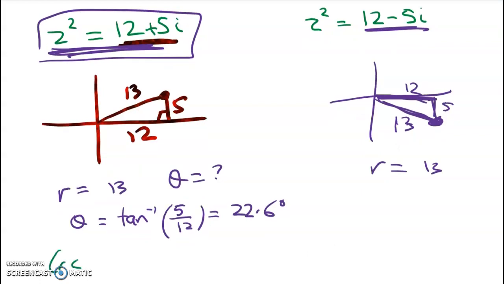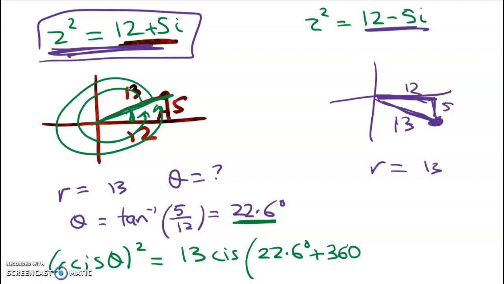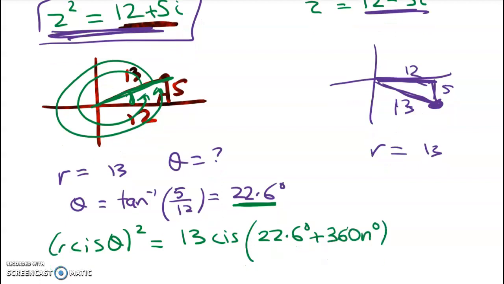We've got r cis theta squared is equal to 13 cis of this one, 22.6 degrees, right, which is that arg there, plus any number of spin arounds of revolutions. So it's 22.6 degrees plus 360 n degrees.